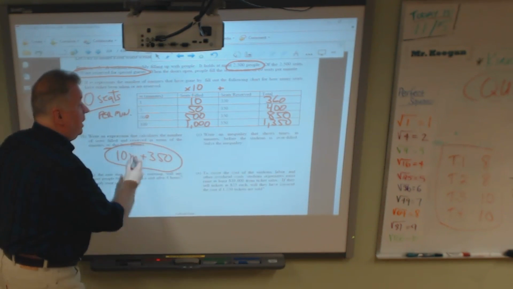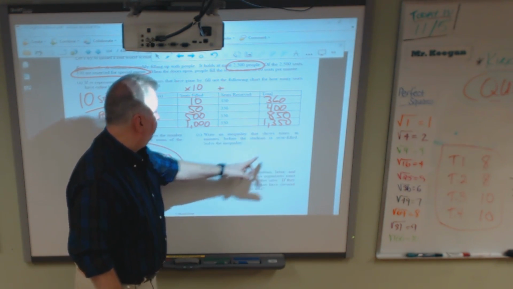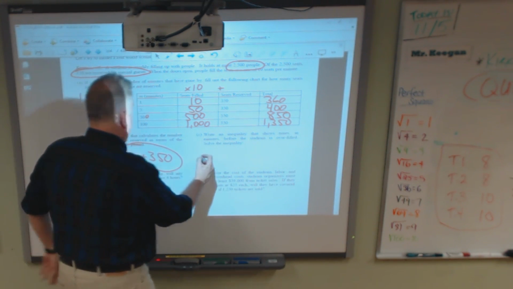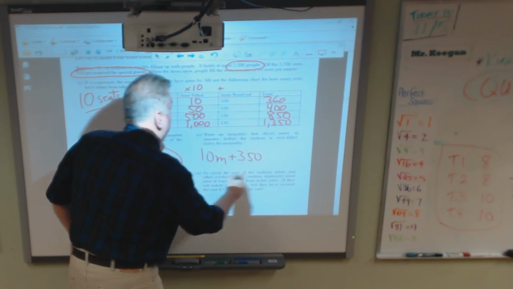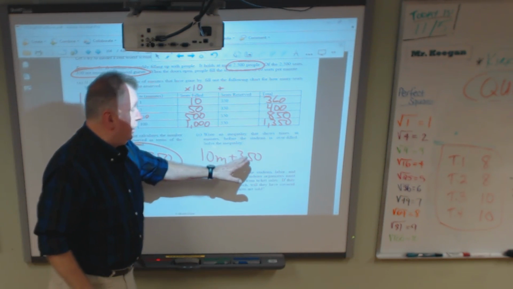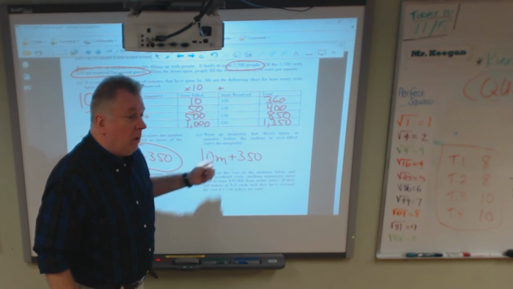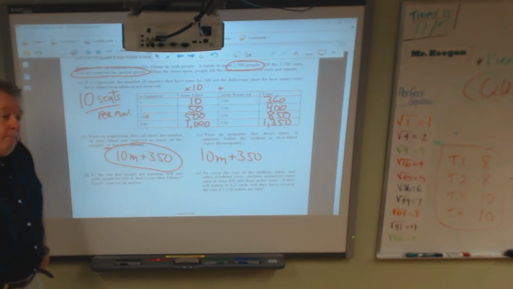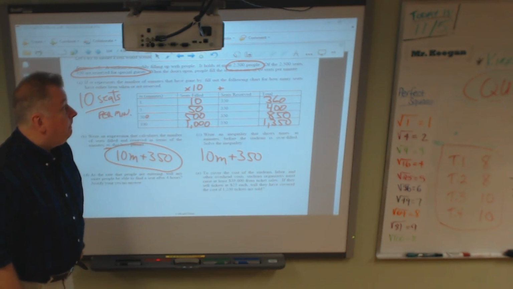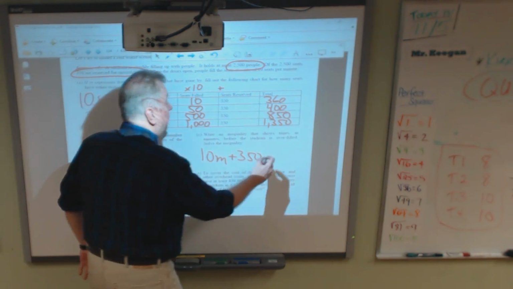That's an expression. Now it says write an inequality that shows the times in minutes before the stadium is overfilled. So we have to use this. That's the number of seats that have been taken. What do we have to compare that to, to see if the stadium is filled up yet? What number do we have to put here? This is 2,500.